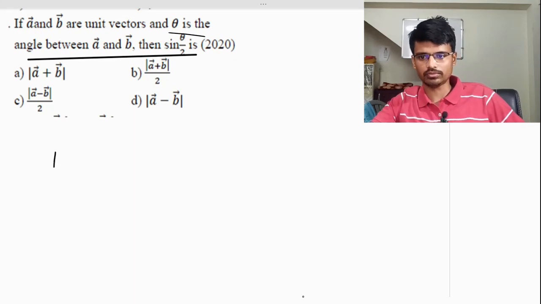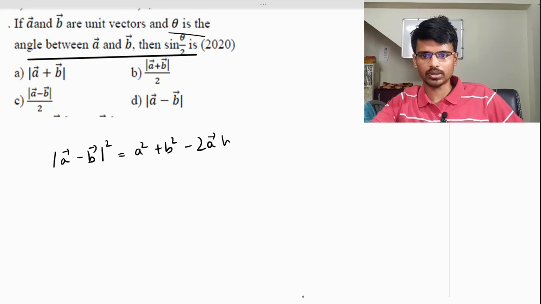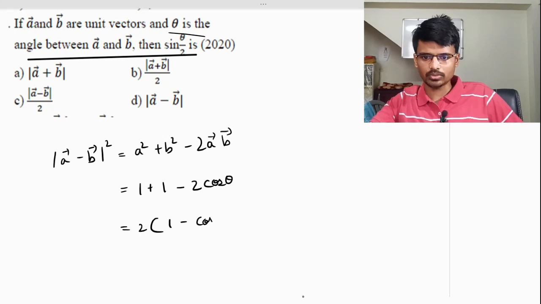So if I take the square of the difference of the vectors, what do I get? A square plus b square minus 2ab. They are unit vectors, so this is going to be equal to 1 plus 1 minus 2 cos theta. So I can write this down as 2 times 1 minus cos theta.